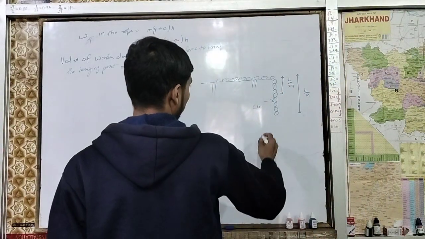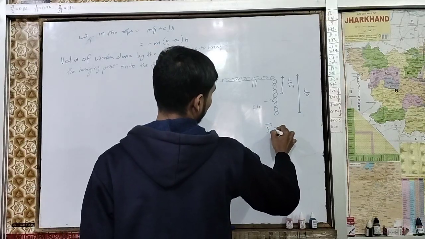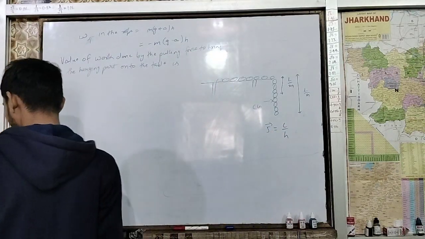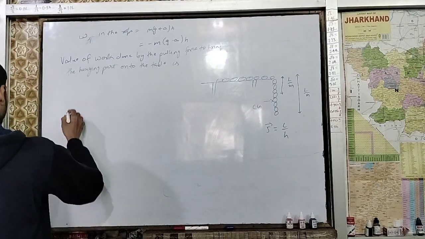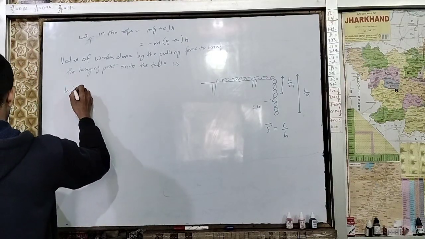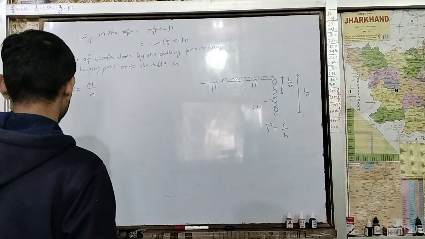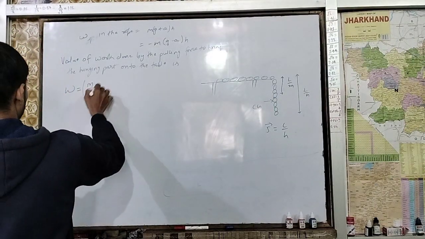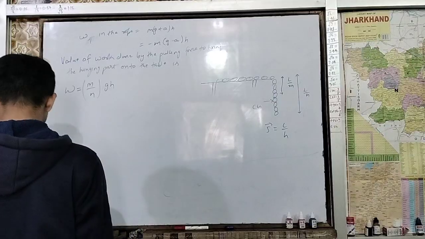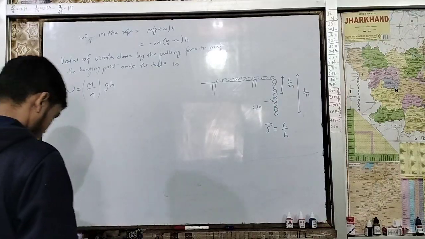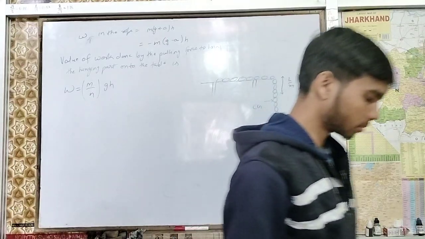Displacement will be L upon n, and the pulling force will be our force. So W will be equal to m upon n, this nth part, into g h.